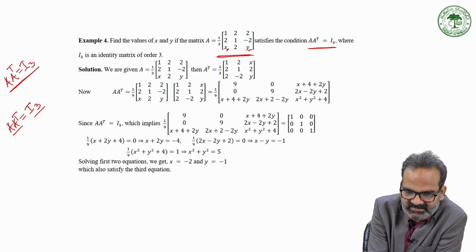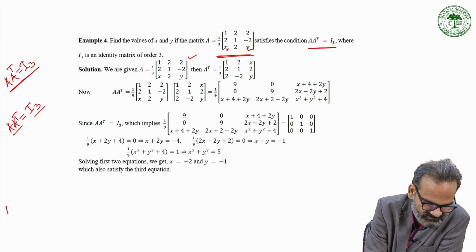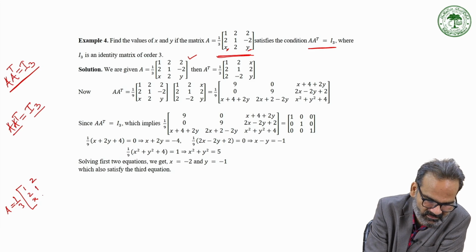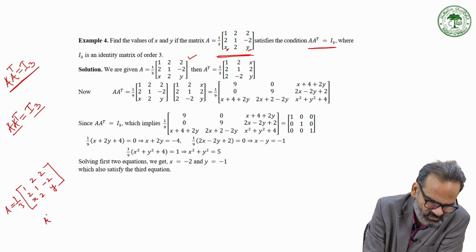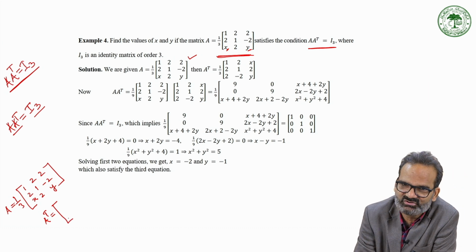A is the matrix given to you, right? This is your A. A is 1 upon 3 times the matrix with rows 1, 2, x; 2, 1, 2; 2, minus 2, and y. Now, very simple, write down its transpose first. So what is AT? In AT the rows and columns are interchanged.